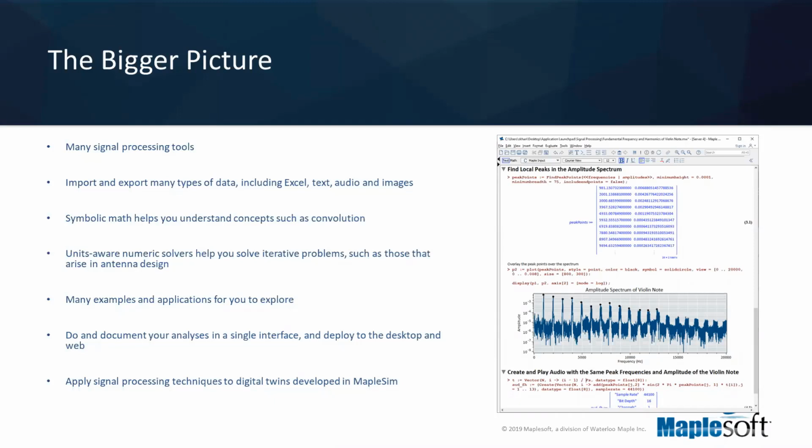Maple has a long heritage as a symbolic math tool, and that helps you understand academic concepts such as convolution. We have unit-aware numerical solvers which allow you to solve iterative problems. And as we've demonstrated, we have many examples and applications for you to explore.